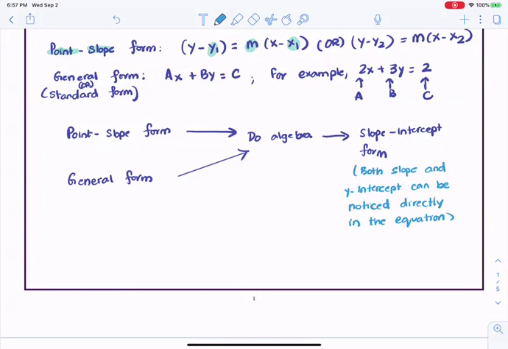The point slope form, only the slope can be noticed directly.